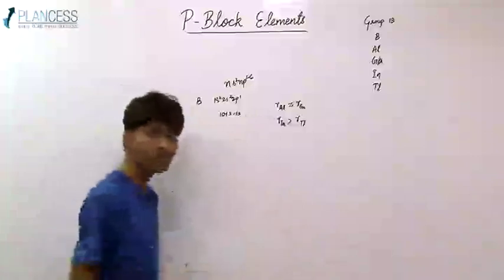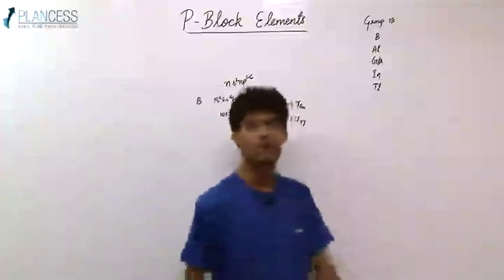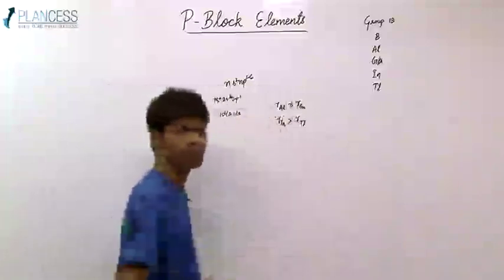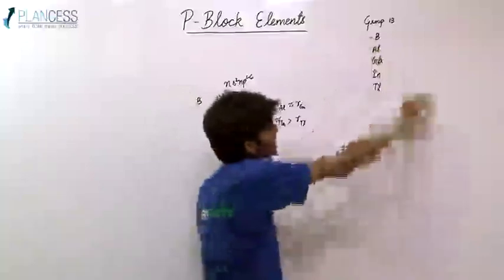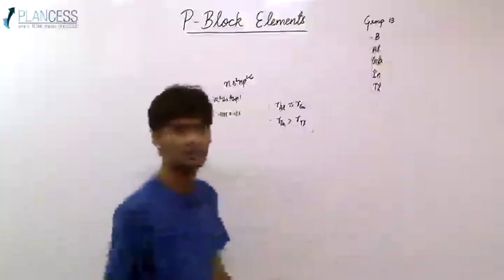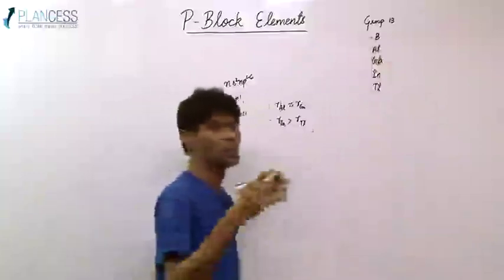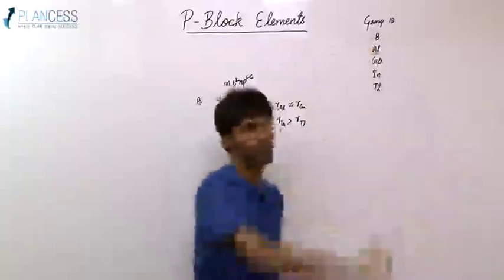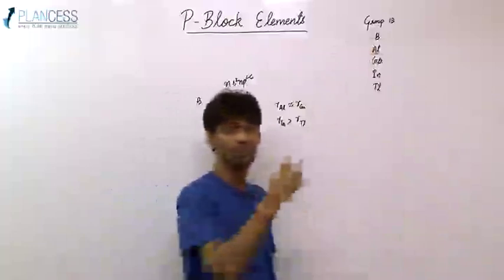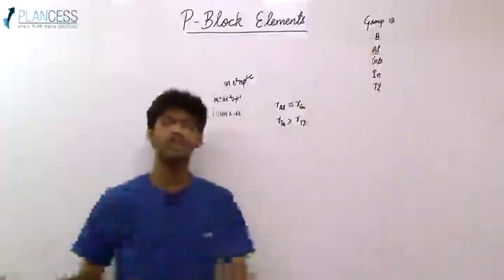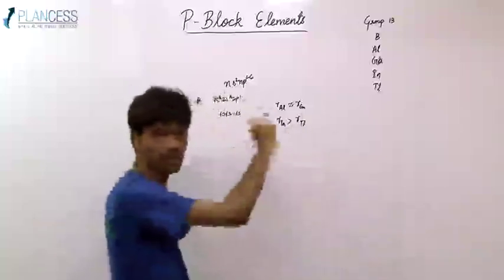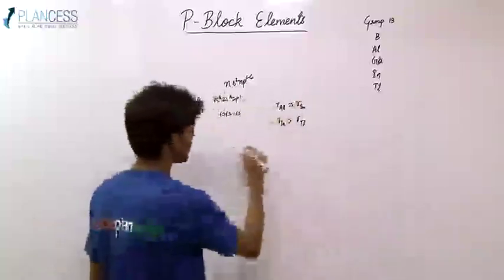Now the ionization energy also has a very exceptional order, because whenever we are talking about the ionization energy of group 13 elements, we are talking about the sum of the first three ionization energies, because we are interested in only the cationic forms B3+ or Al3+, because most of the compounds they form exist in their trivalent oxidation state. If you are talking about the sum of the first three ionization energies, then boron has the maximum.